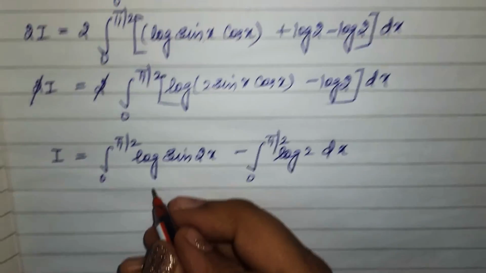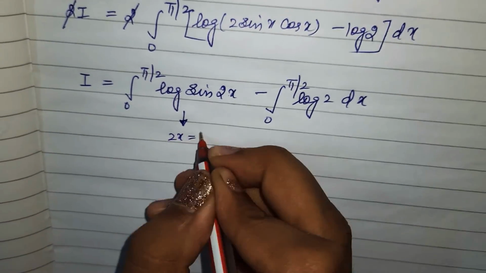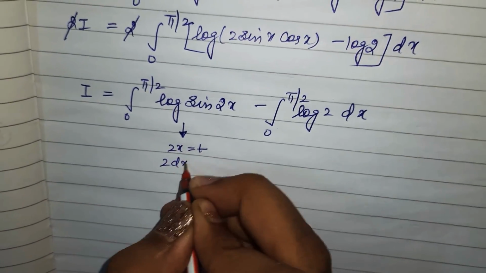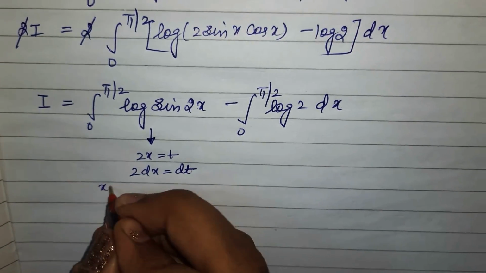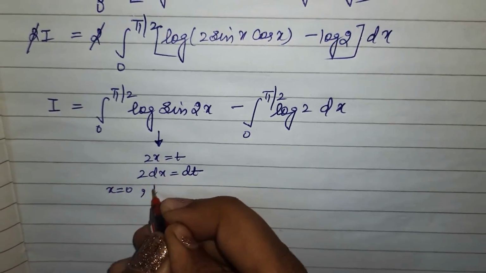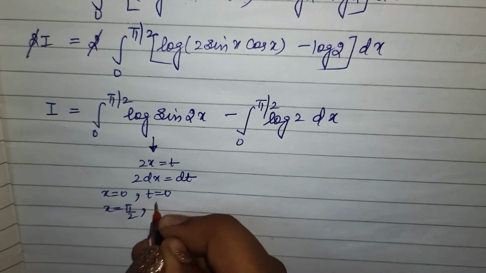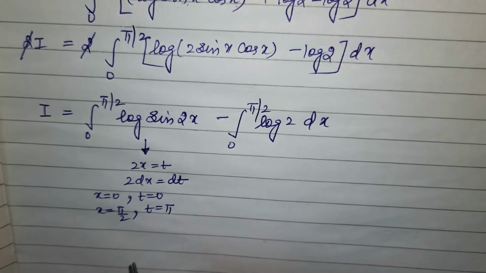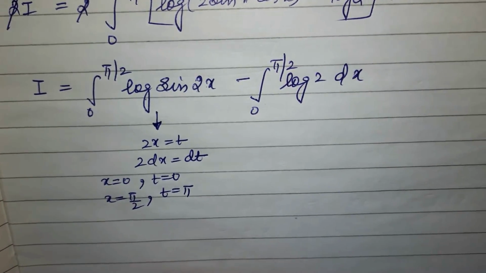For this integral, if I take 2x as t, then 2 dx is equivalent to dt. So if x is 0, t will become 0. If x is pi by 2, t will become pi. By doing this, what am I getting?